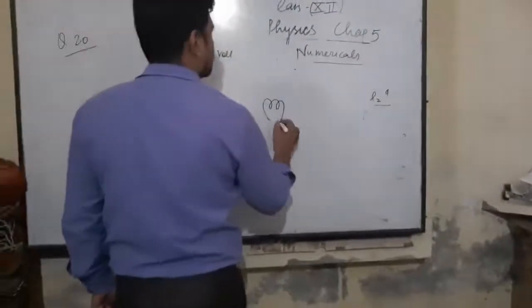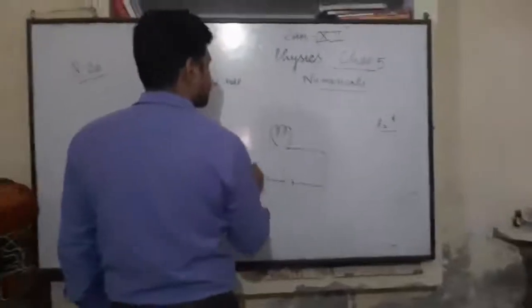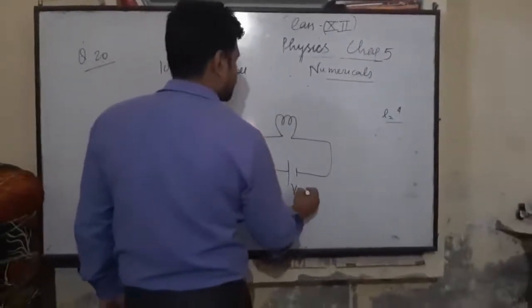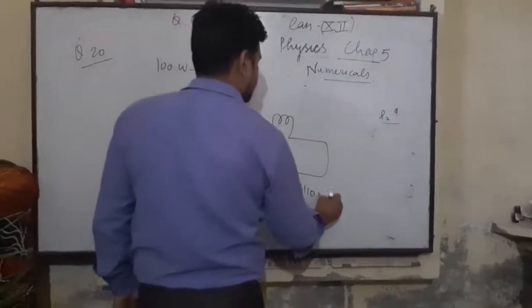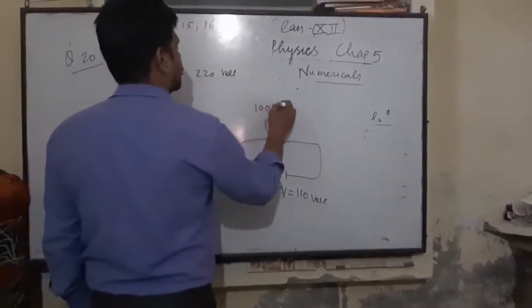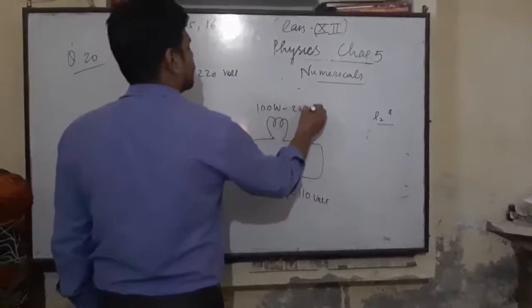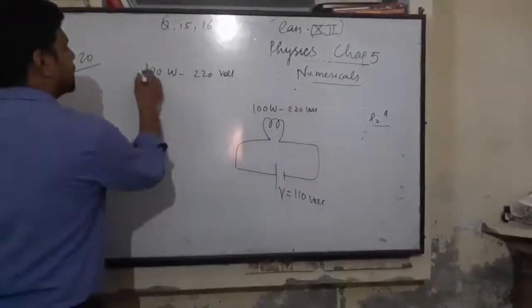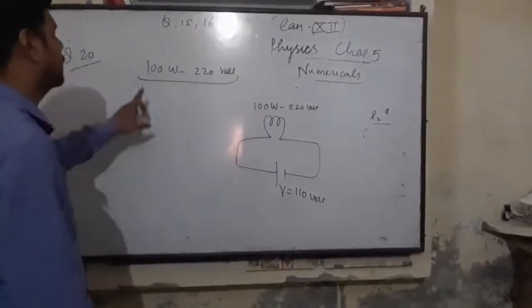So consider we have a bulb which is connected to a DC source of voltage 110, and this bulb has the rating 100 watt, 220 volt. This is the rating of the electrical bulb.